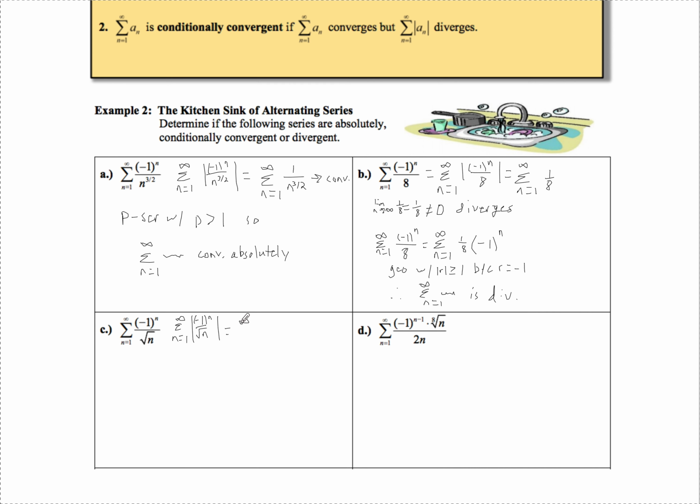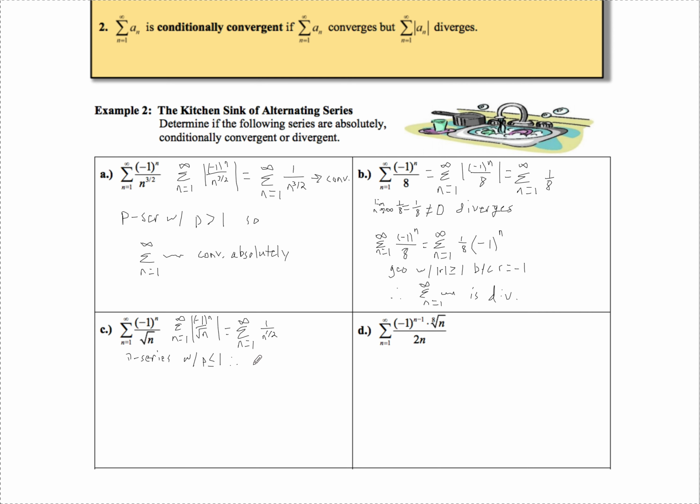This is going to be equal to the series n equals 1 to infinity of 1 over square root of n. But square root of n is n to the half power. So what does that mean for us? This looks like a p series, right? A p series with p less than or equal to 1, I should say, for p series.